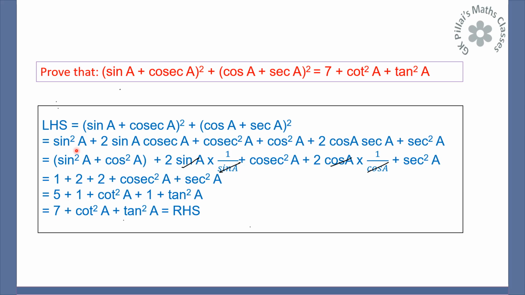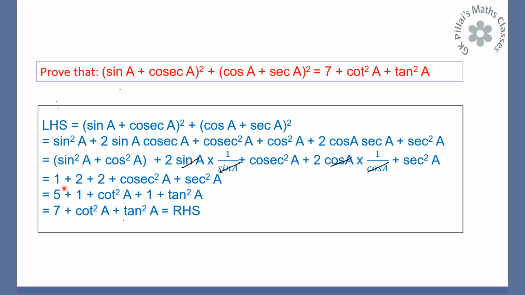Here this becomes sin squared a plus 2 sin a cosec a plus cosec squared a, and this will be cos squared a plus 2 cos a sec a plus sec squared a. We will combine these two, sin squared a and cos squared a. Instead of cosec a we will write 1 by sin a, and sec a we will write 1 by cos a. These two get cancelled, these two also get cancelled.